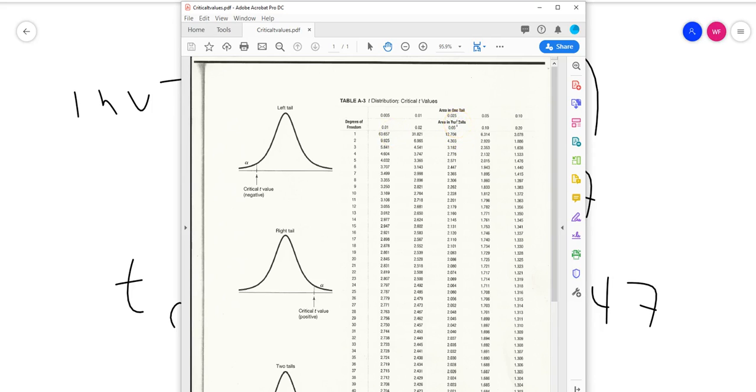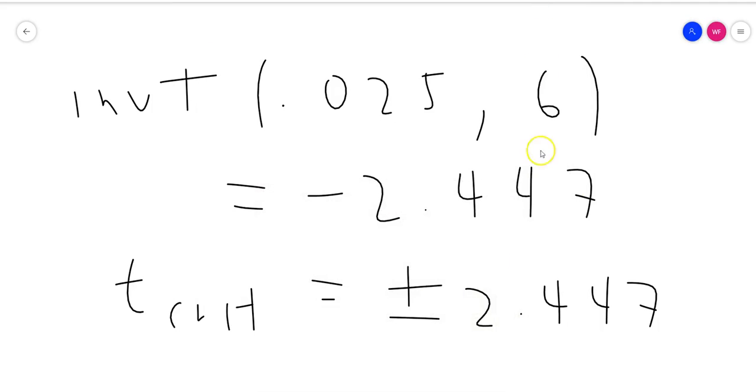Area in 1 tail is 0.025, area in 2 tails is 0.05. And then if you look at the degrees of freedom, which is 6 here, and you go over, 2.447. Is that the same thing as we get on the calculator? Yeah, 2.447. So if you have an older calculator, you can look up the critical t-values on that chart.